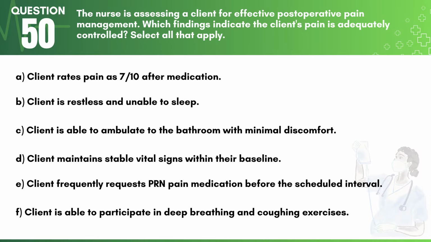C. Client is able to ambulate to the bathroom with minimal discomfort. D. Client maintains stable vital signs within their baseline. E. Client frequently requests PRN pain medication before the scheduled interval. F. Client is able to participate in deep breathing and coughing exercises.